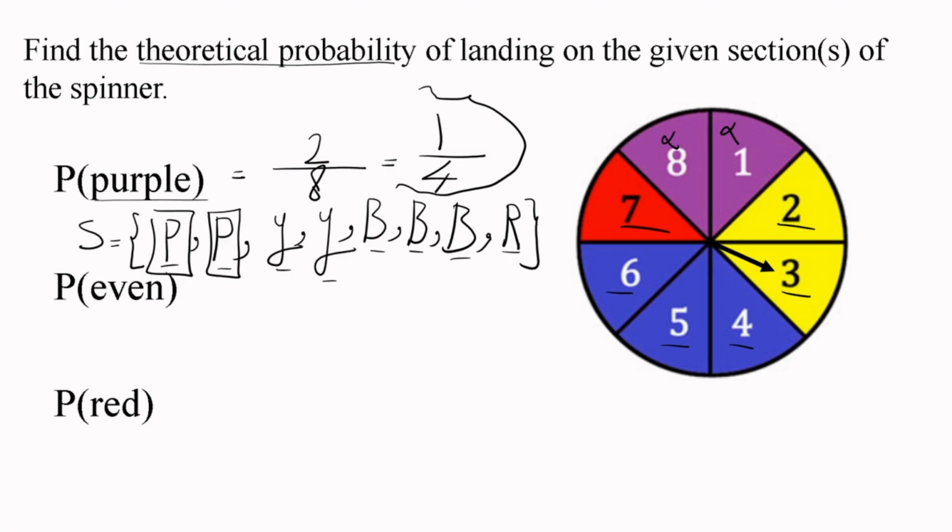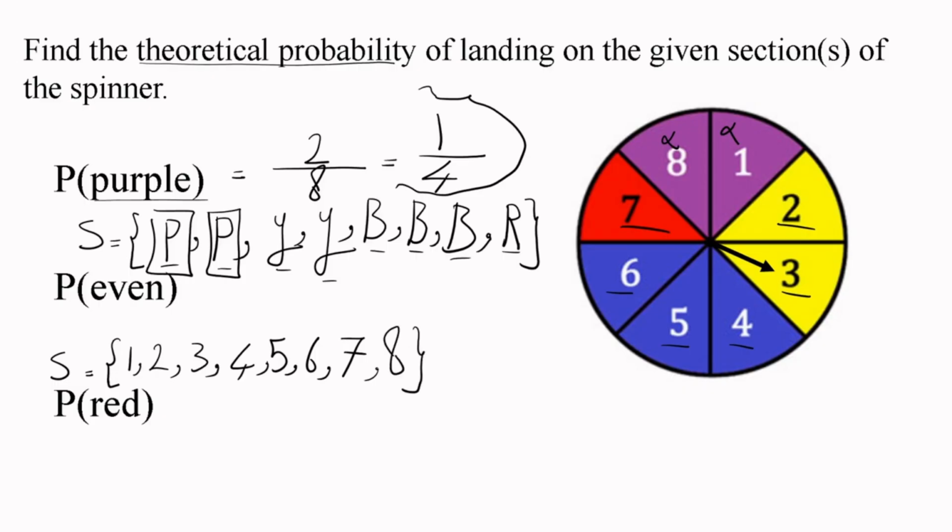So this time I must write the sample space based on numbers because it's talking about numbers. So S is going to be, what are the numbers? It's going to be from 1 to 8. 1, 2, 3, 4, 5, 6, 7, and finally 8.